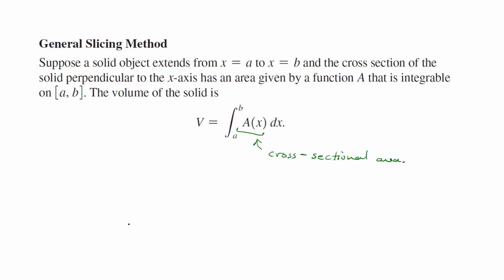If we're visualizing our solid, then we have to think about, well, if it's some solid that extends along some axis from a to b, whatever that solid maybe looks like, it's got some slice here in the middle that has a certain cross-sectional area, whatever that area is.